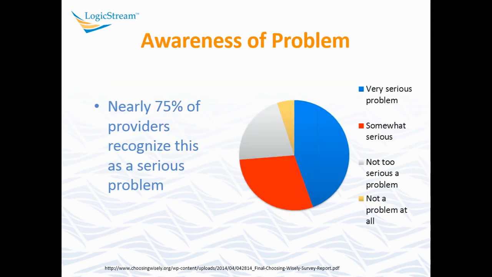So we're going to run through some research, a study from the ABIM and Robert Wood Johnson Foundation. It's a survey of 600 providers asked about ordering unnecessary tests and procedures in response to patient requests. And just to frame this, we are going to look through this study in some detail and give some statistics.